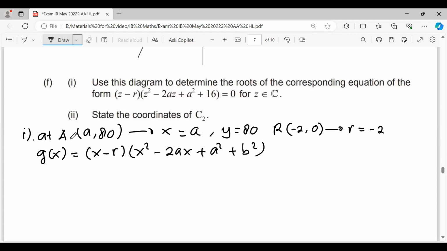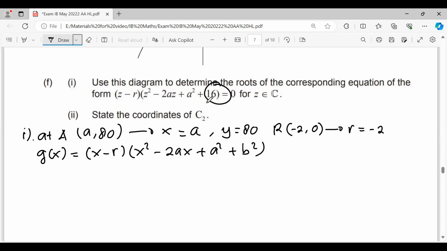So it means, if you look at this one, that b squared equals 16, because this constant equals 16.